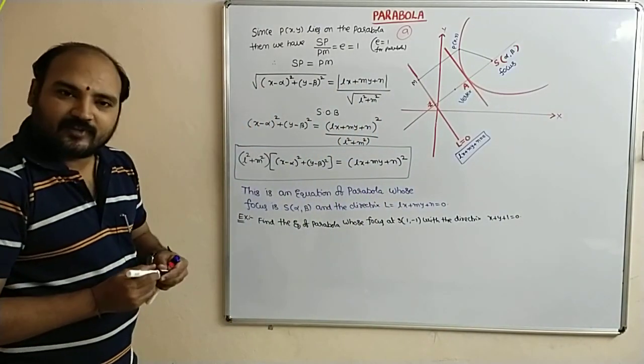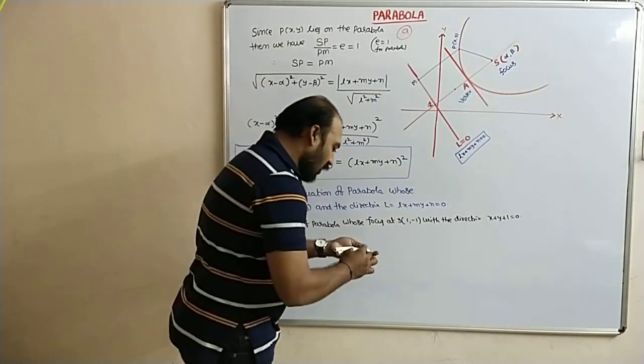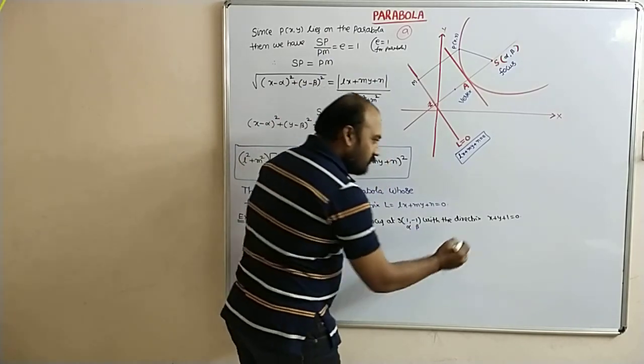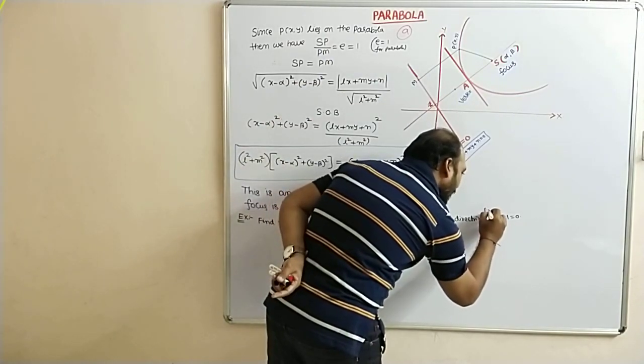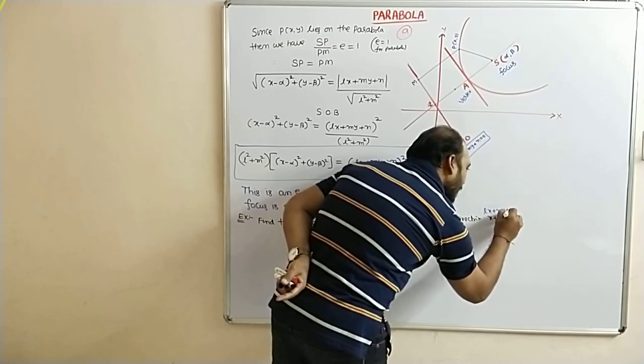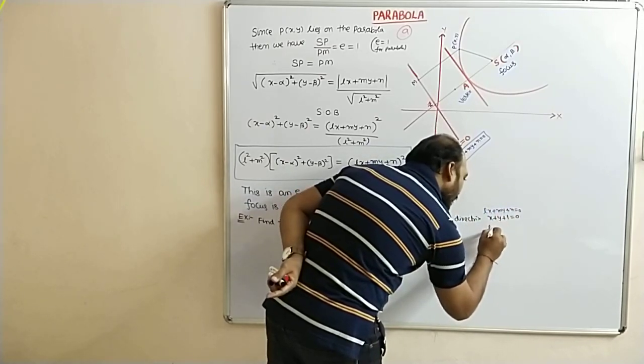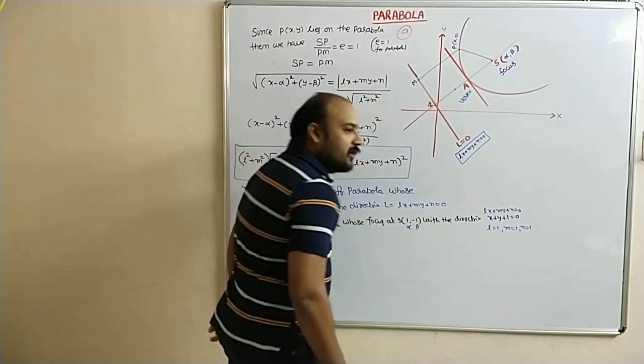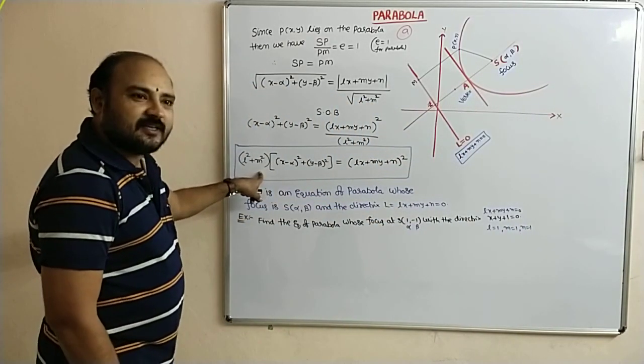See here, this is alpha comma beta. Compare this equation with Lx plus My plus n equal to 0, where L is equal to 1, m is equal to 1 and n is equal to 1. These values we have to replace in this equation.